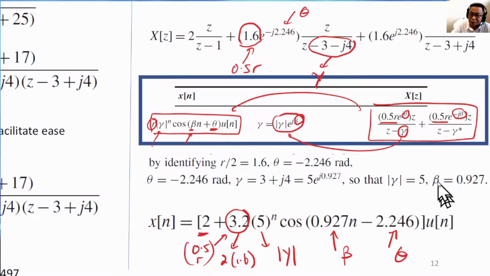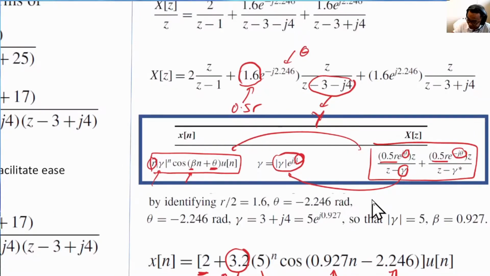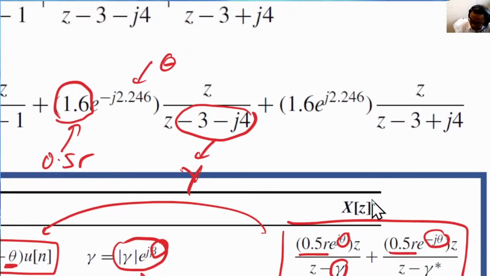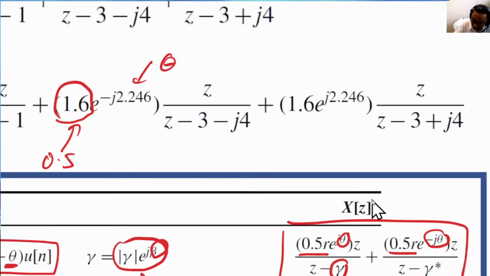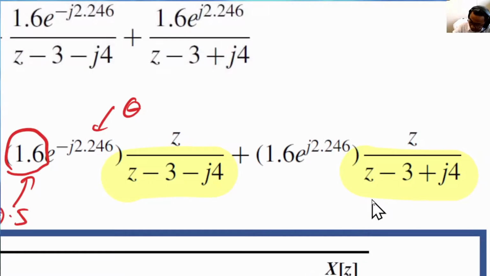Now you might be wondering which one to choose, right? Because there are two complex conjugates. So what I would advise you to do is to draw where they are. So this is z. So first draw a unit circle.